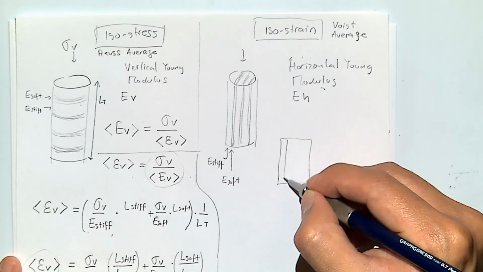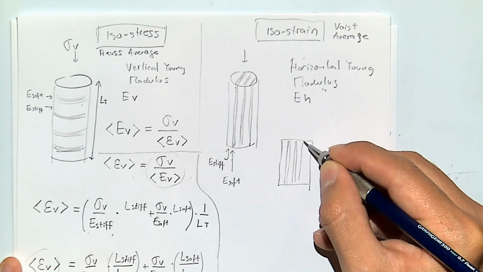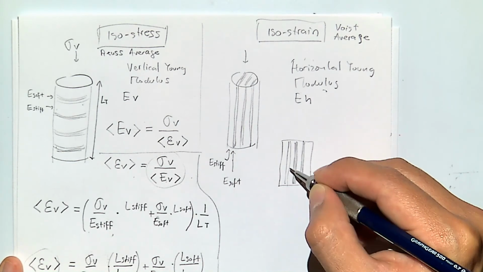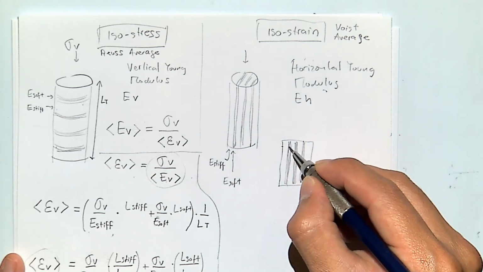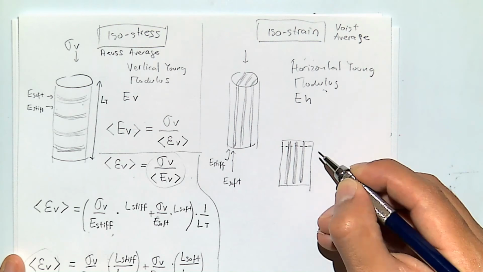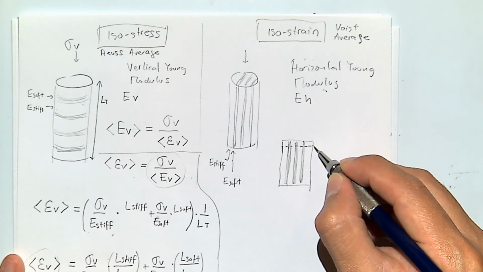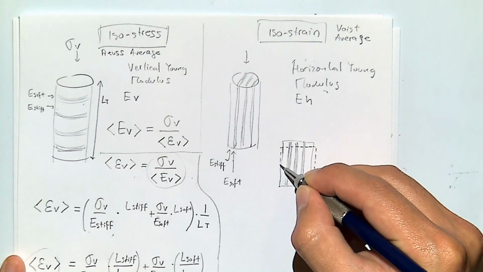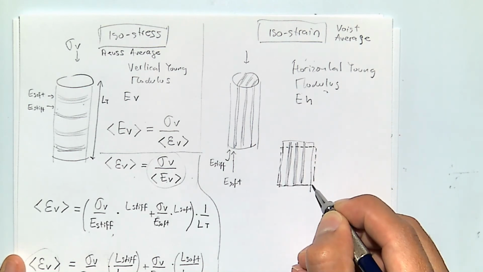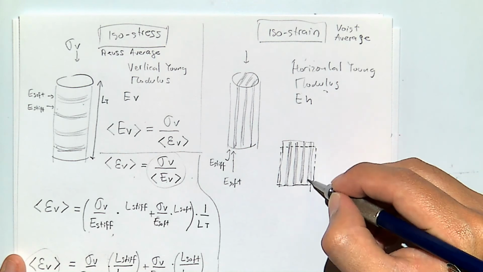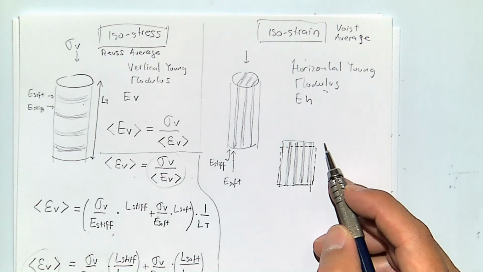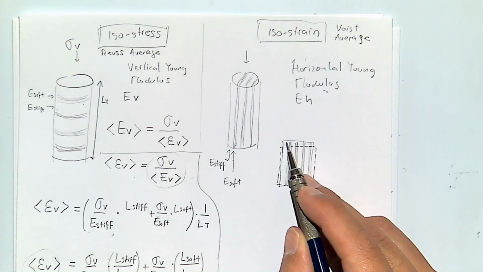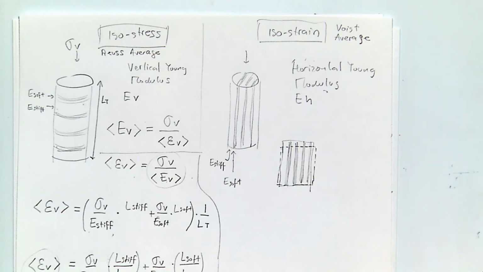Let's say that we have this layer rock. We're going to apply a deformation in vertical direction so that all the layers get shortened the same direction. And it may expand also a little bit because of the Poisson ratio effect. But all the layers are going to get the same strain, okay? If all the layers get the same strain, and this is, the dark is softer than the light, what is the result?